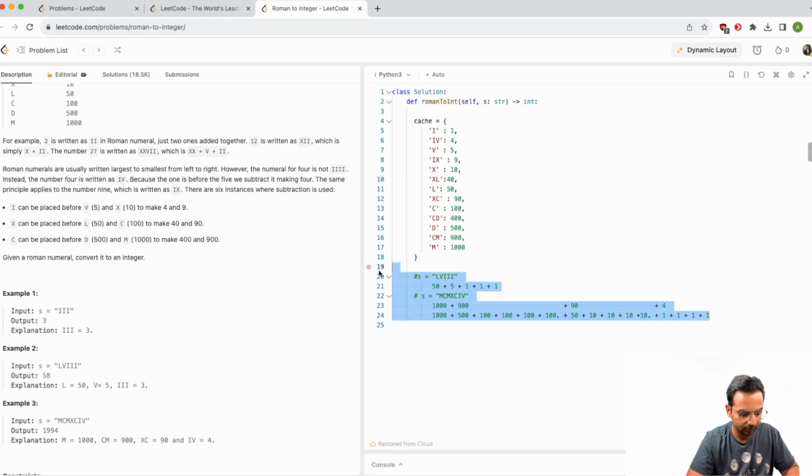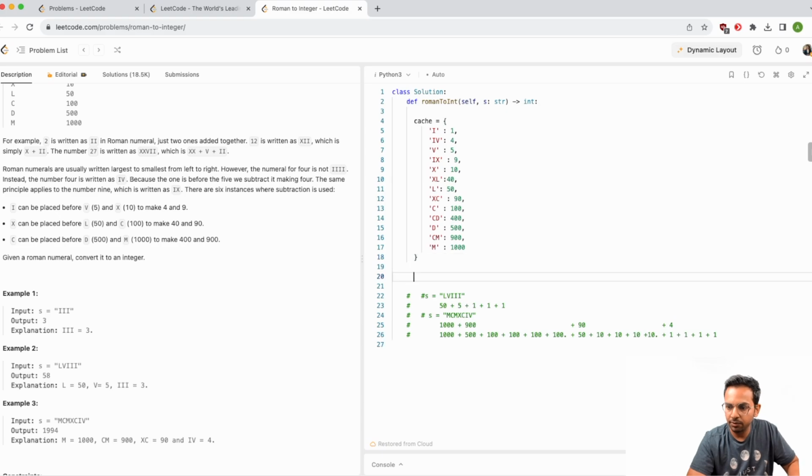So what we can do here is s equal to s dot replace. Let's start with the 900s. CM will now be replaced by D and 4 C's.